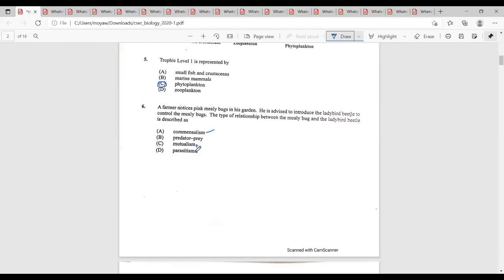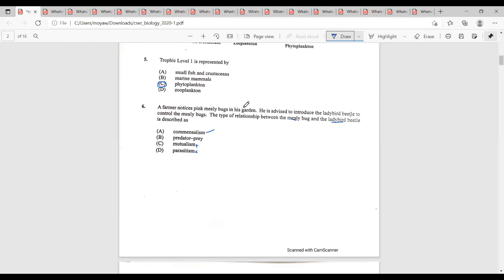So now our best options are commensalism, because one organism is benefiting, which is the ladybird beetle, because it's getting food, while the other is not, which is the mealybug. So we have to choose the best option here. Because we're talking about the farmer noticing this in the garden, and we spoke about the mealybug eating the vegetables or whatever he has in his garden, which would represent the plant, right?